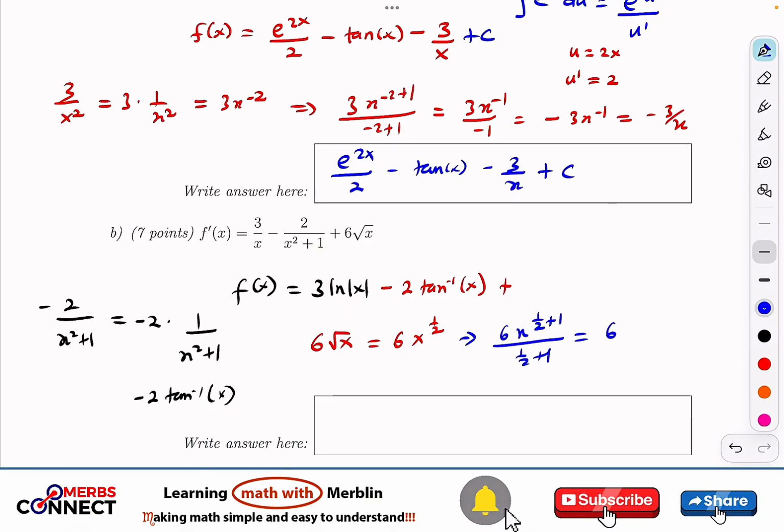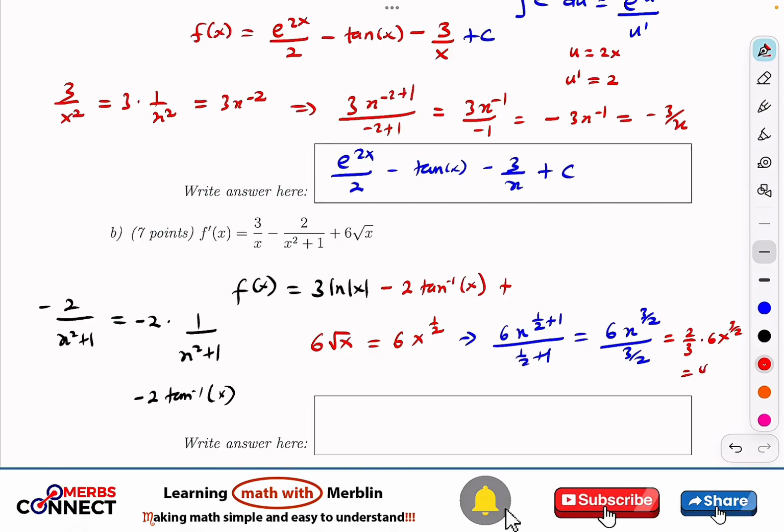Simplify this and we have 6 times x to the power 3 over 2 divided by 3 over 2. And indeed, if I want to simplify this, you can leave it like that, and just come and write this one here. But if you want to simplify this, I can have 2 over 3 times 6 and then x to the power 3 over 2.